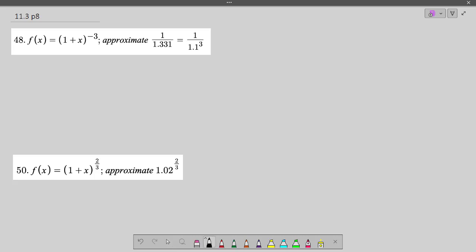We are going to say that f of x is going to equal, the p-value is negative 3, so it's going to be negative 3 choose 0, plus negative 3 choose 1 times x, plus negative 3 choose 2 times x squared, plus negative 3 choose 3 times x cubed, plus etc. That is the binomial series for f.